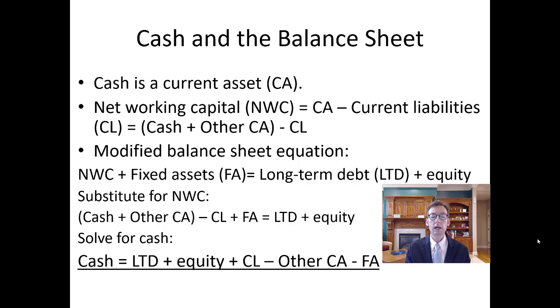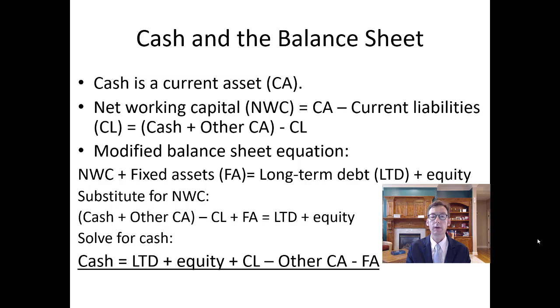What we can do now is look at our modified balance sheet. If you take the net working capital plus the fixed assets, that's current assets minus current liabilities plus fixed assets, so that's total assets minus current liabilities, which is equal to the long-term debt plus equity.